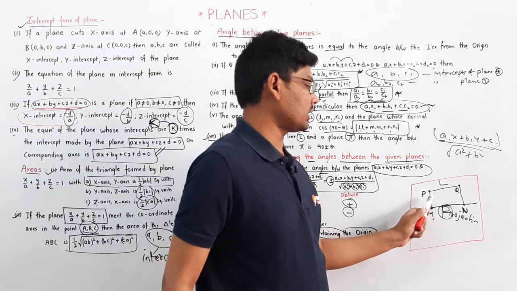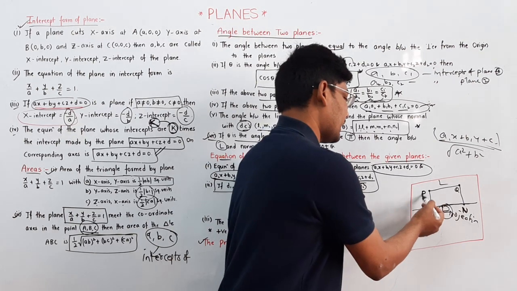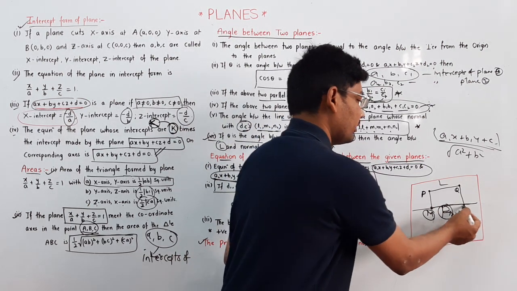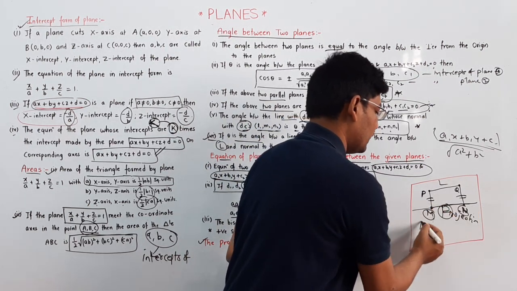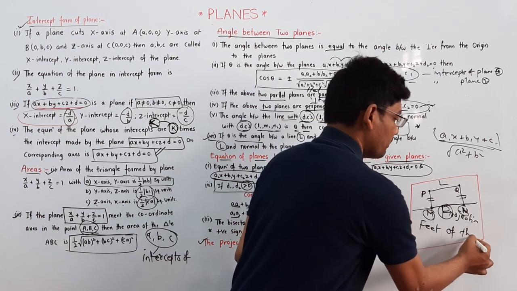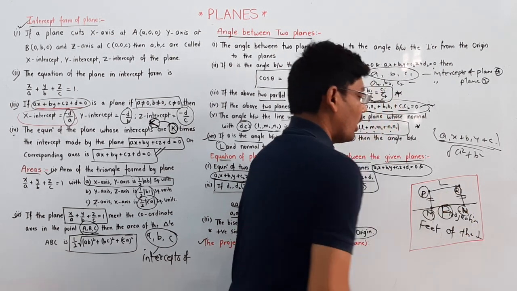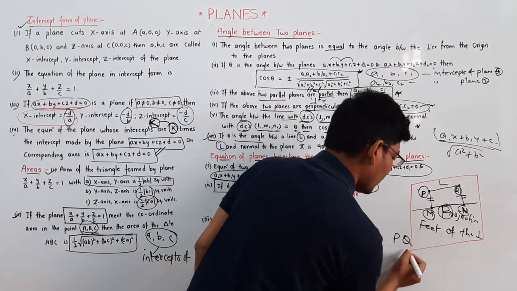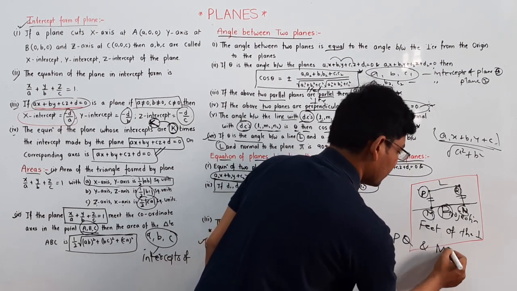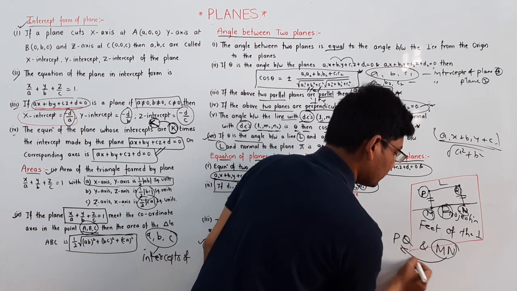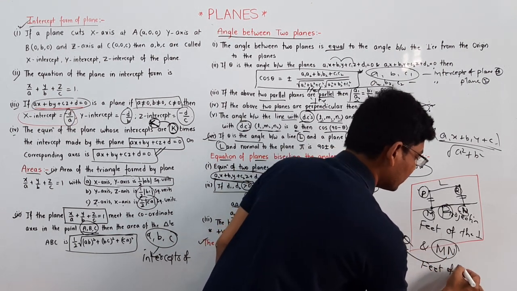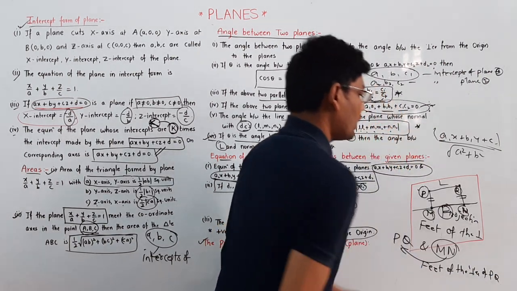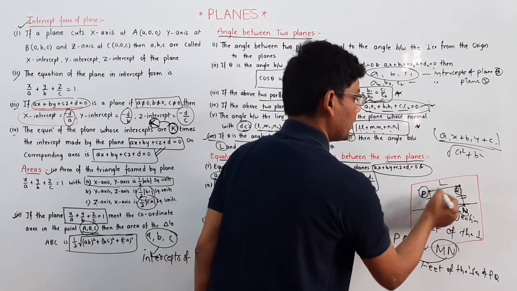Here these two points P and Q are points of a line, and M and N are the projection points of P and Q. Projection is nothing but the feet of the perpendiculars: M and N are the feet of the perpendiculars for P and Q. Now if you join the points P and Q, it is the line.